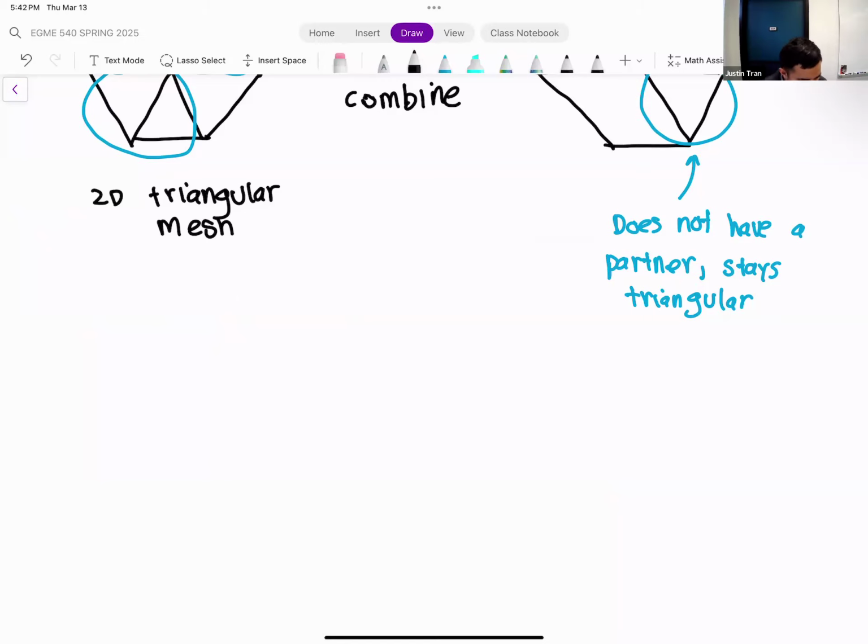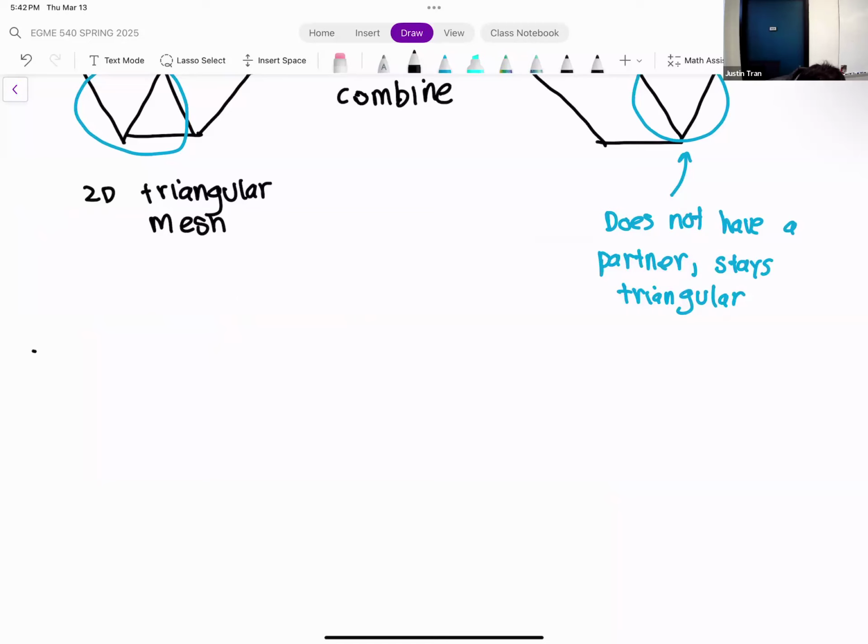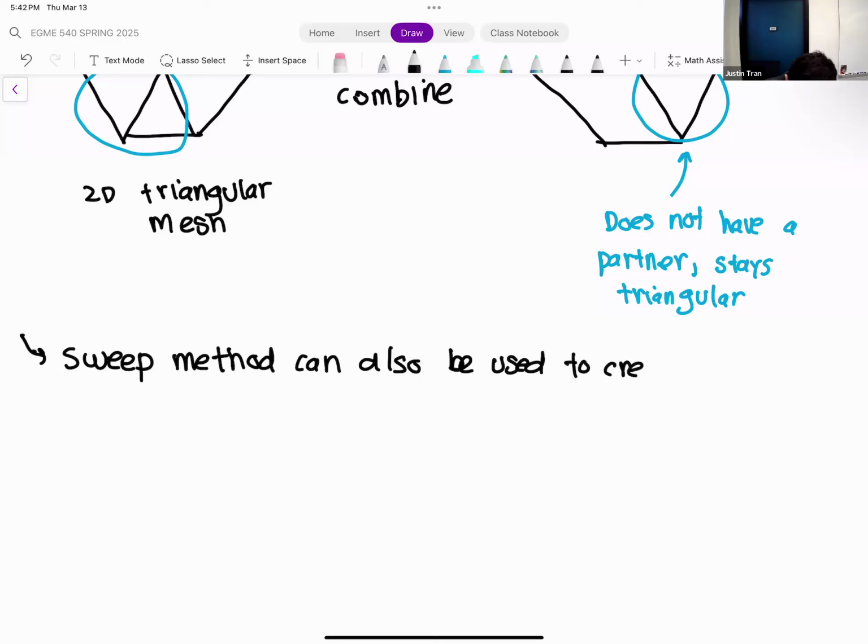So another method for creating a hex dominant mesh is to use something called a sweep. This is a bit more traditional, but it's also not very practically useful.